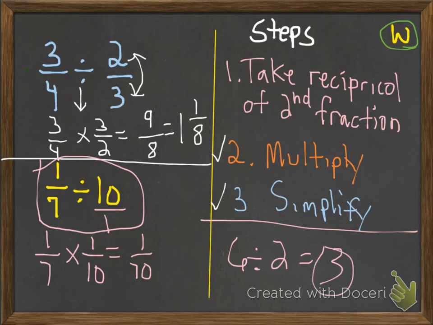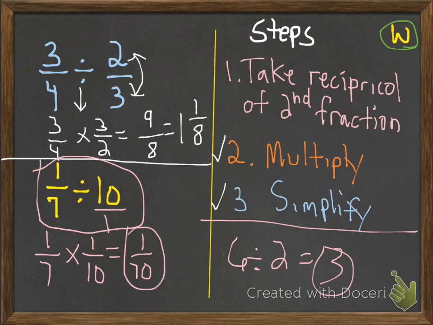That same rule is not going to be any different just because we're talking about division of fractions. This is 1/7 divided by 10. How many 10's can fit inside 1/7? And the answer is here, 1/70th.